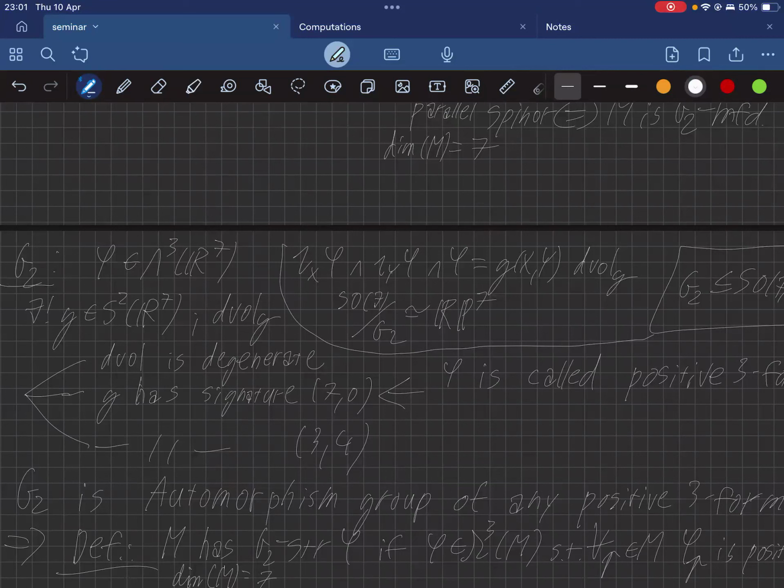So this gives you a lot of freedom if you're on a manifold, because imagine you're on a Riemann manifold with orientation and you're looking for a G2 structure that gives you this Riemann metric and volume form. You're essentially looking for sections of a bundle where the typical fiber is RP7. Right. So once you have at least one section, there's a lot of choice. Okay.